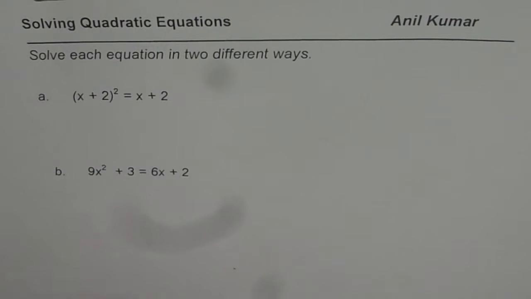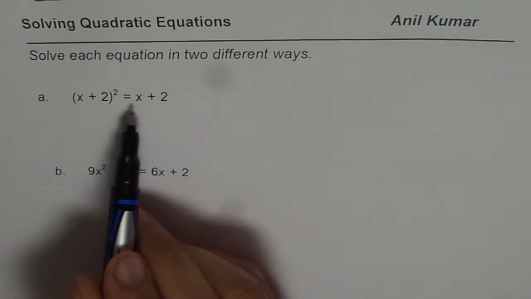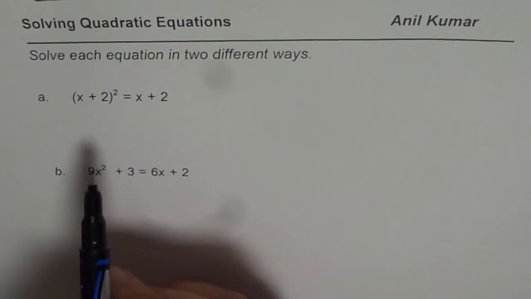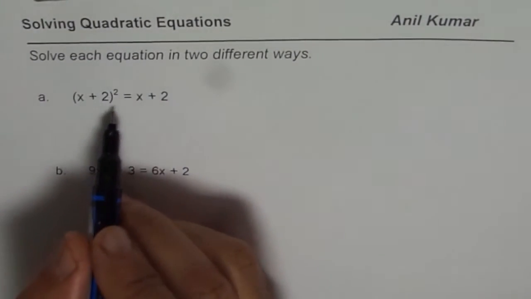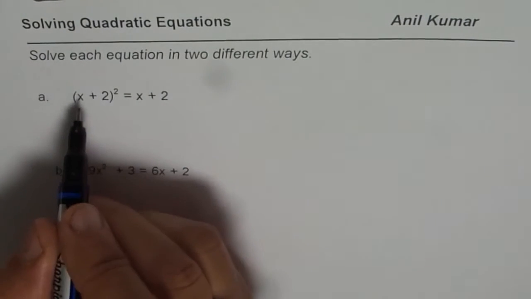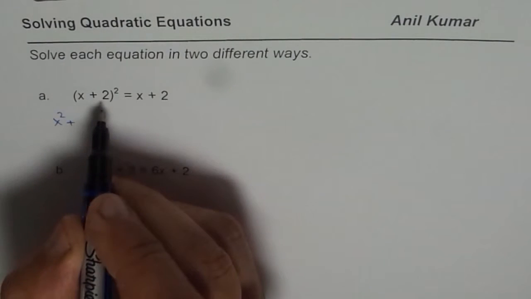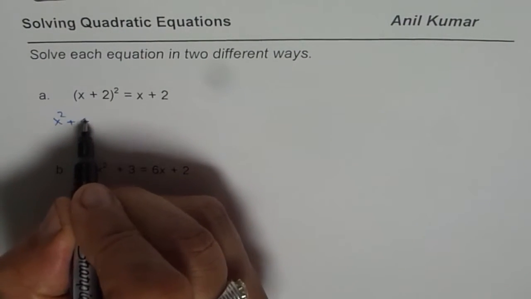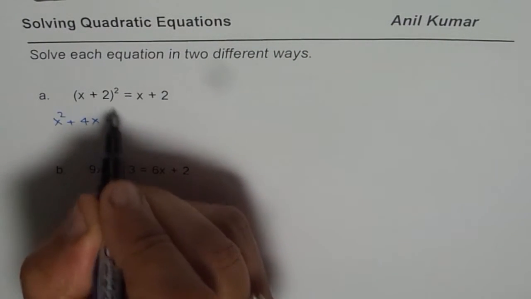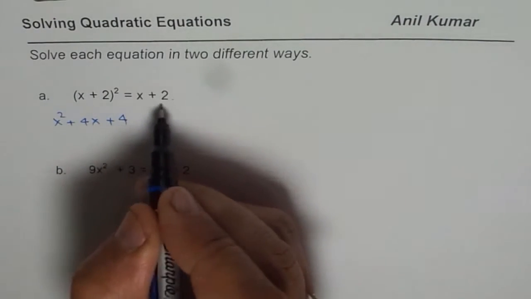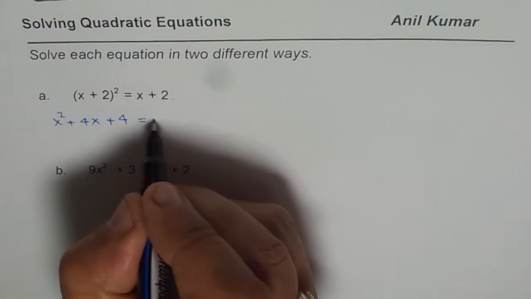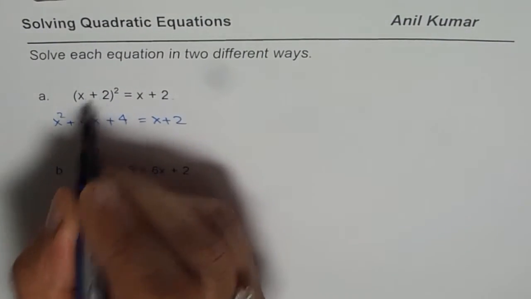One way is we can just expand, bring all the terms together and then simplify. So let us expand and bring all the terms together. (x + 2)² gives us x² + 2ab, that is 4x, plus 2², which is 4. Let me first rewrite by expanding only.